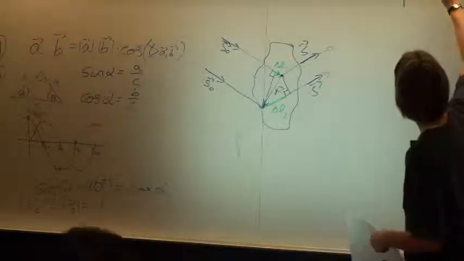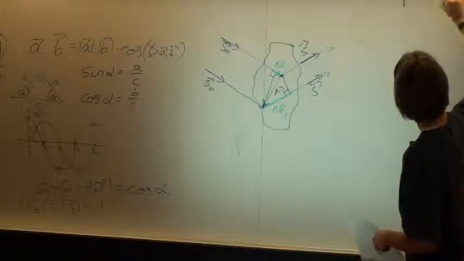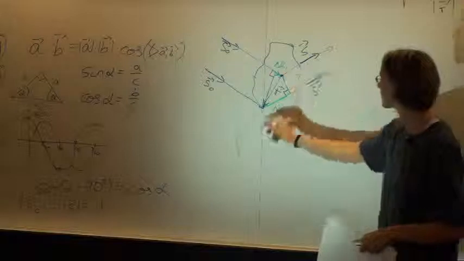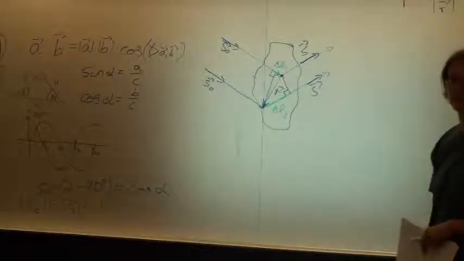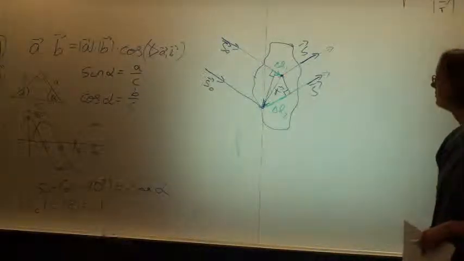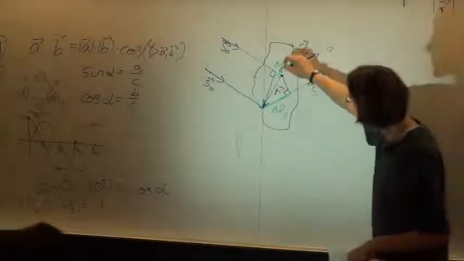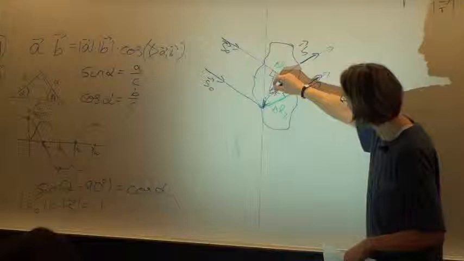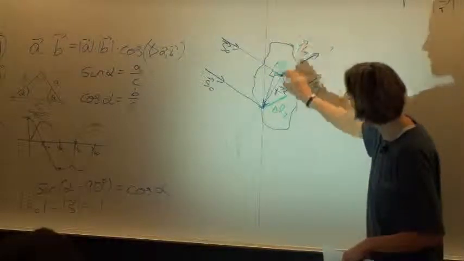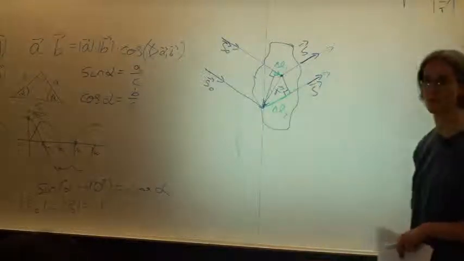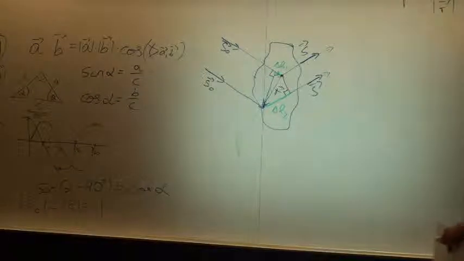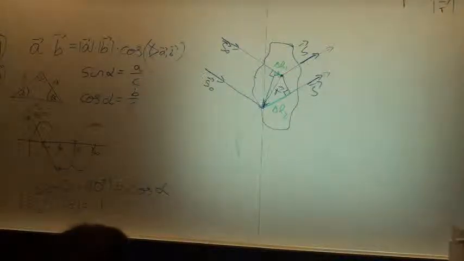Delta L1 divided by the length of that vector that describes the distance, right? Because this is a 90-degree angle, so it's the side across divided by the hypotenuse. So sine beta is equal to delta L1 divided by R.